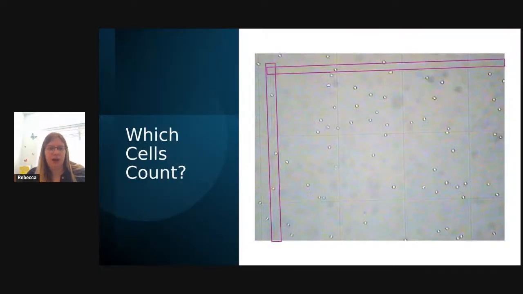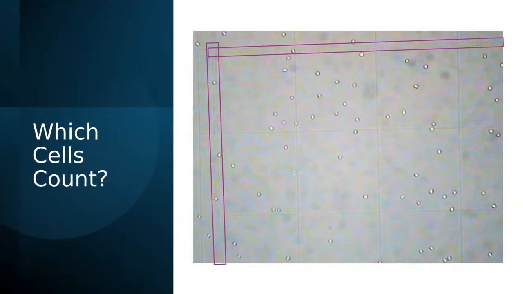So on this slide, and I will actually make it full screen, turn my camera off for a second. In those pink boxes there, hopefully you can see, is the edge of a line that is creating the grid.